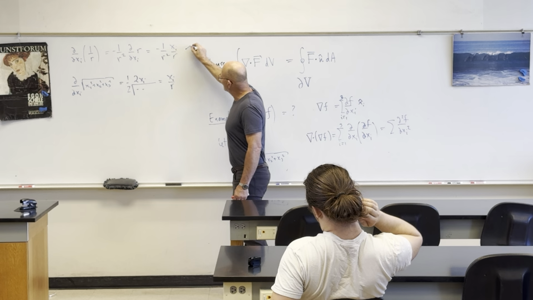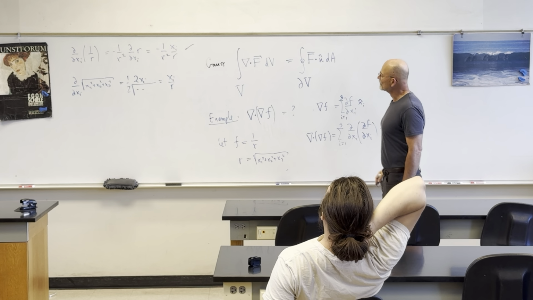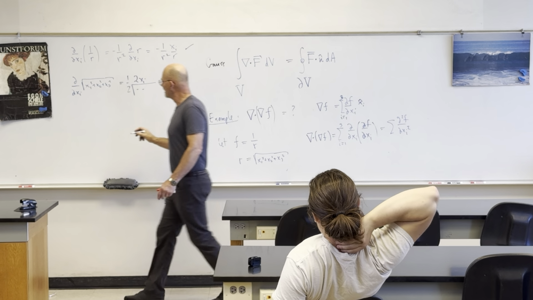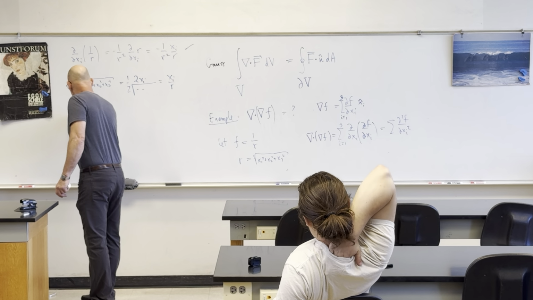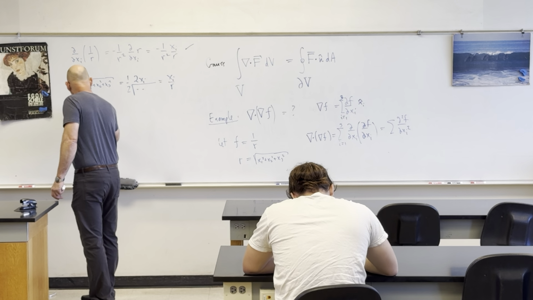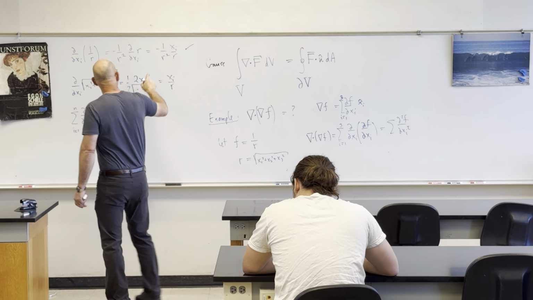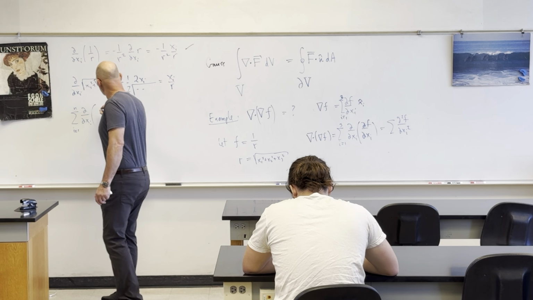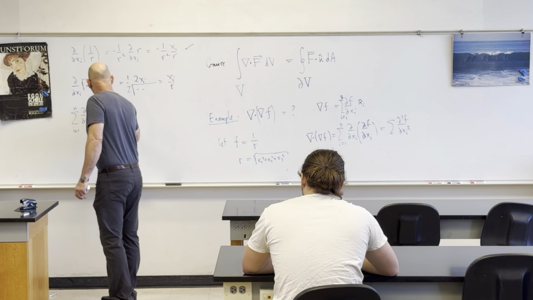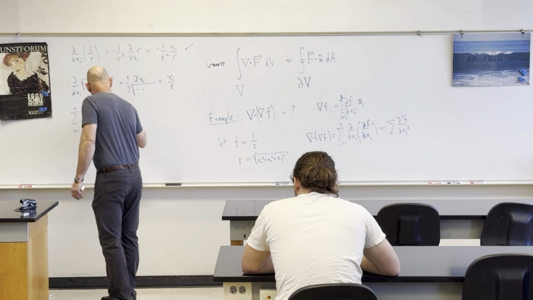So that's the first part of that expression here. Now we need the sum over i equals 1 to 3 of d dx_i of this thing here, of this minus x_i over r cubed.